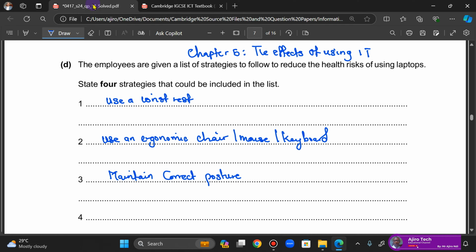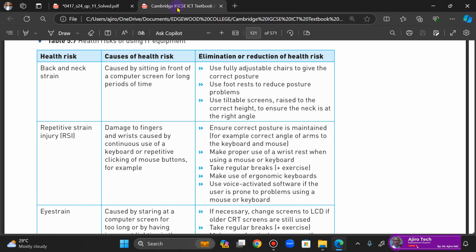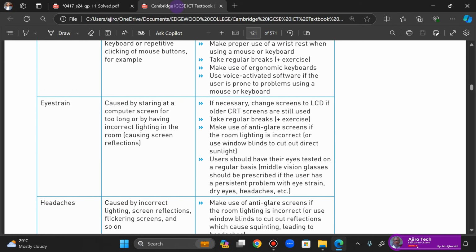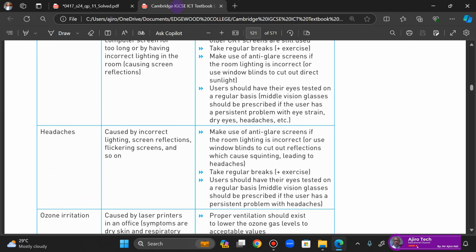Also very important, for headaches caused by incorrect lighting, you can use anti-glare screens. That's also one of them.